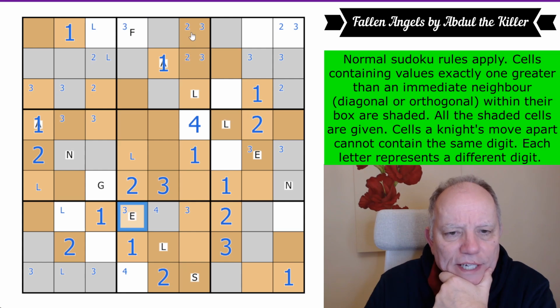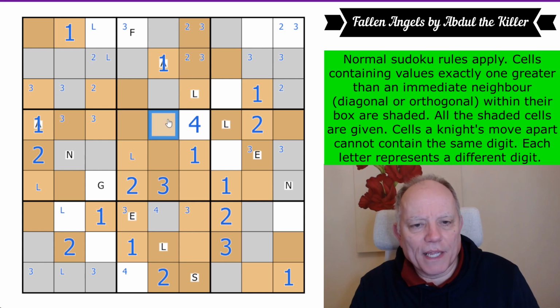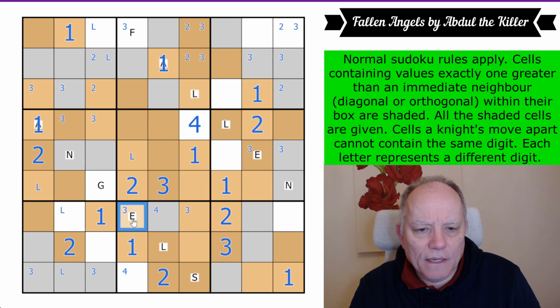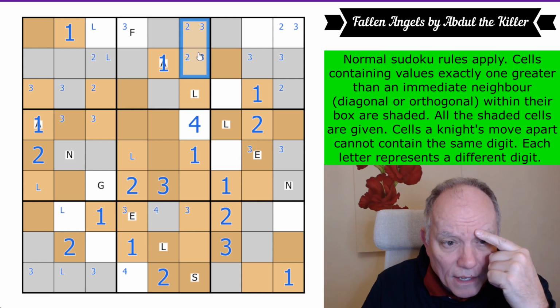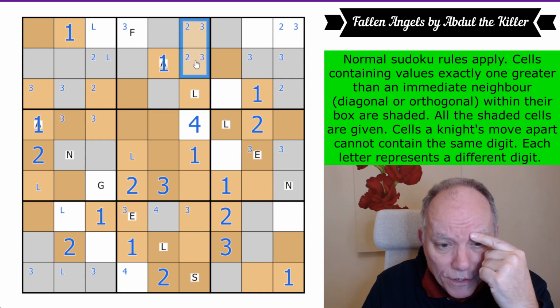If 3 was E, one of those would be, that would be E. If 3 was E, oh, no, I'm talking absolute nonsense here. Thought I was going to work out that one of those couldn't be a 3, which would be interesting info if I could, but I don't think it was true.